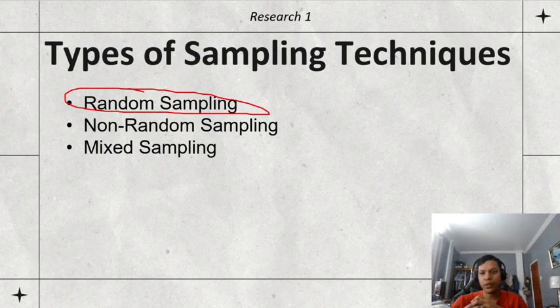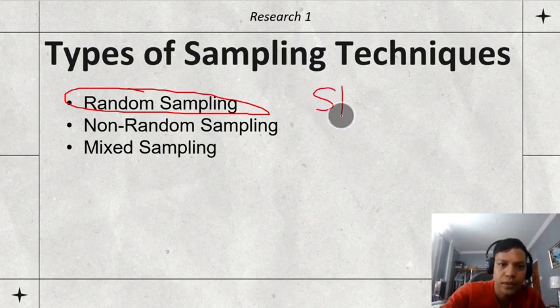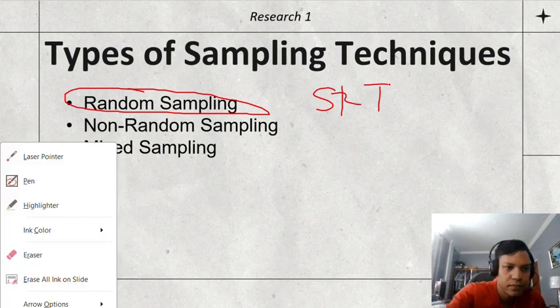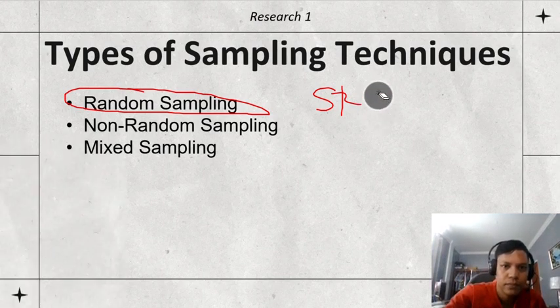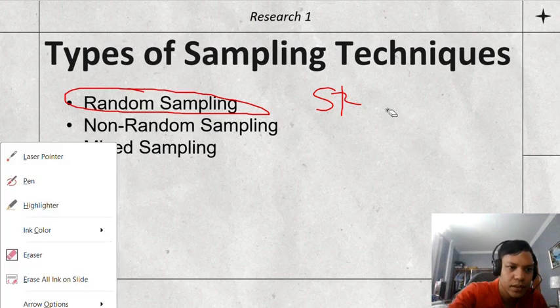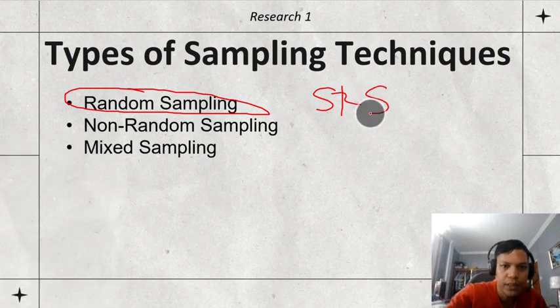This technique includes simple random sampling, systematic random sampling, and stratified random sampling. Okay, I think I need to write here. We have simple random sampling.